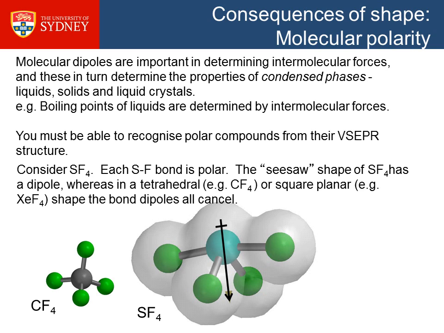On the other hand, the molecule CF4 has no dipole because it is symmetric around the carbon and all the dipoles of the C-F bonds cancel out. And similarly, in the square planar geometry, all the polar bonds cancel out and there is no dipole moment.